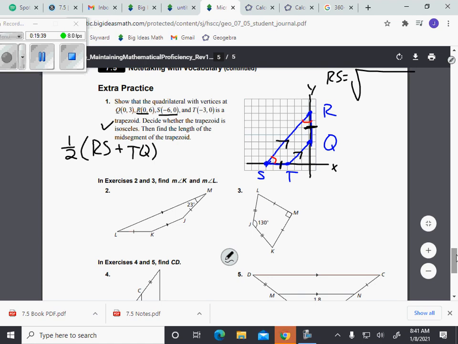Remember, it's x2 minus x1 squared. So negative 6 minus 0 is negative 6 squared plus 0 minus 6, which is 6 squared. So we're going to get the square root of 72, which is, I need my phone, it's about 8.5. Yep, about 8.5.